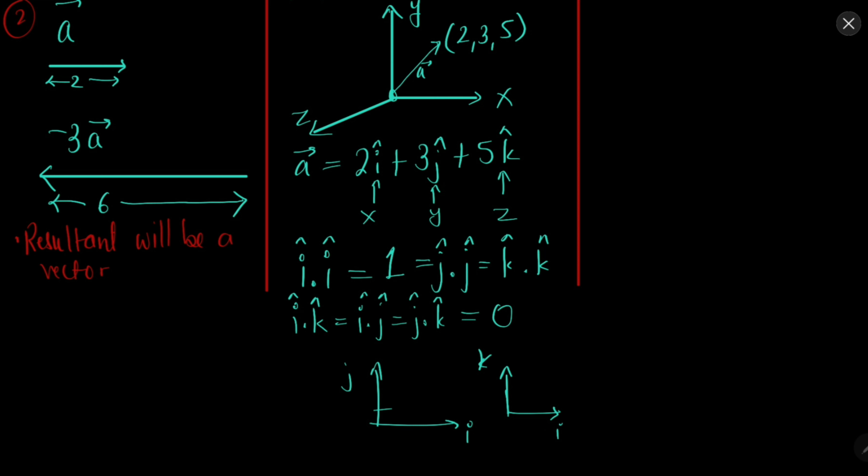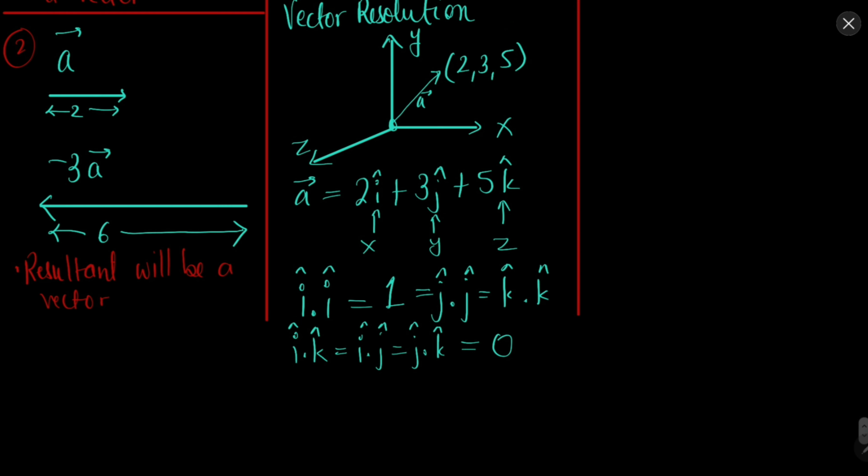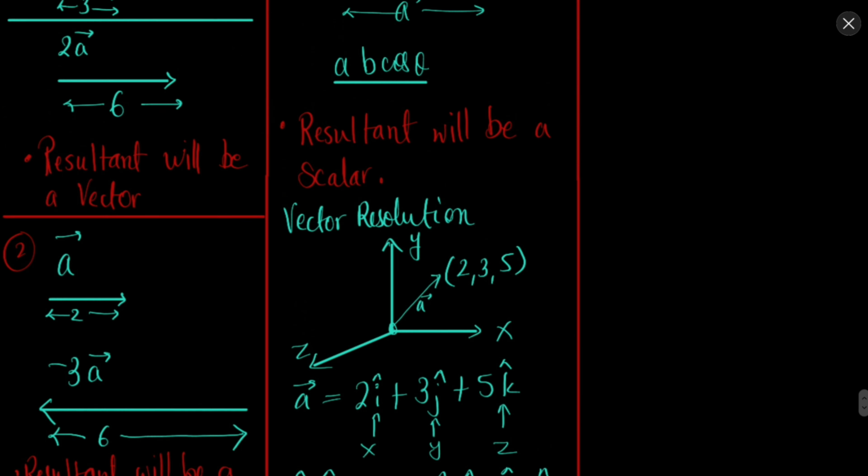They are perpendicular to each other, so there is no projection of j in the direction of i, and no projection of k in the direction of i. Because of that, when we have two different directions like i, j and k, we will get 0, because there is no projection of one vector in the direction of the other. So just keep this in mind also.